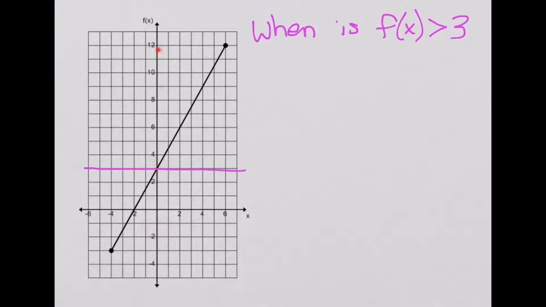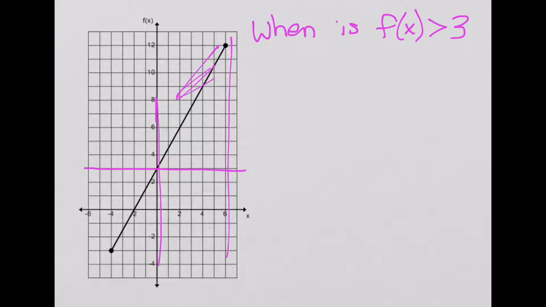But then as I keep moving from left to right, oh look, suddenly the black function is higher than the pink line. That means that my y values of my function are greater than 3, and they stay above the pink line until my function ends at 6. And so in other words, my function is greater than 3 from this point to this point.